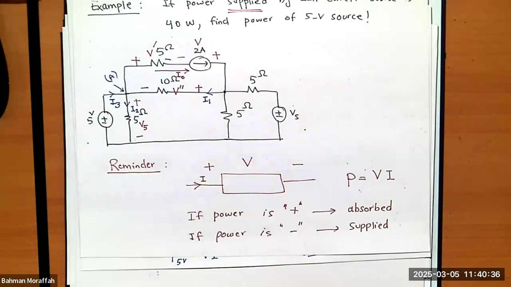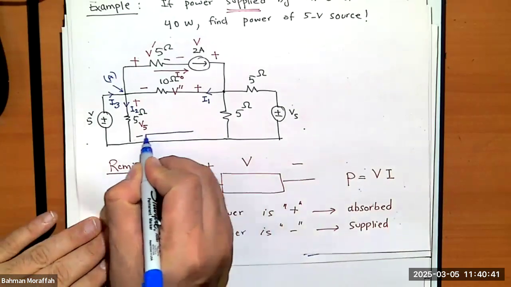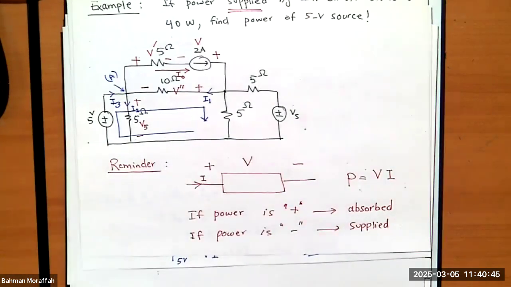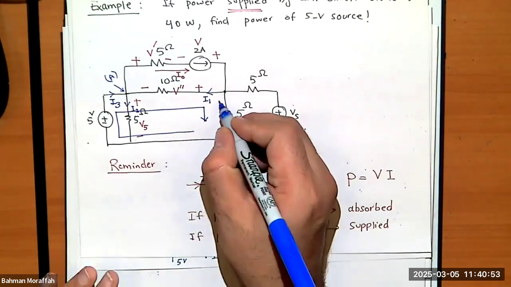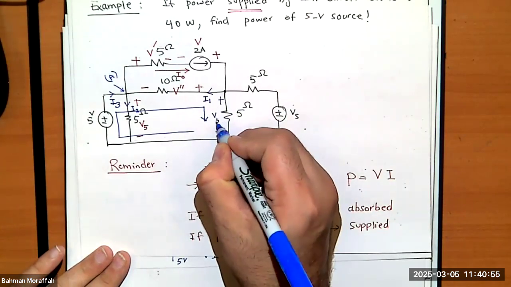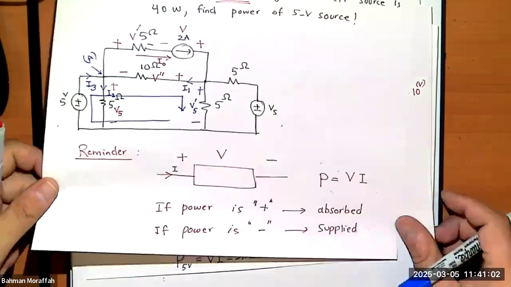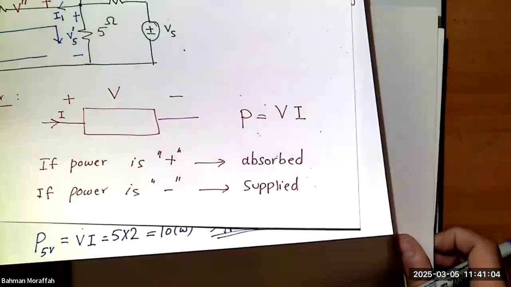Do you agree I can write a KVL in this loop? I can write a KVL in any loop I want, but that's the KVL I want. And let's call the voltage across this V prime 5. So what does KVL tell me?